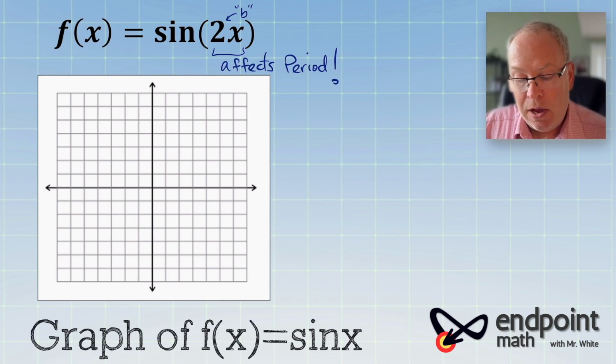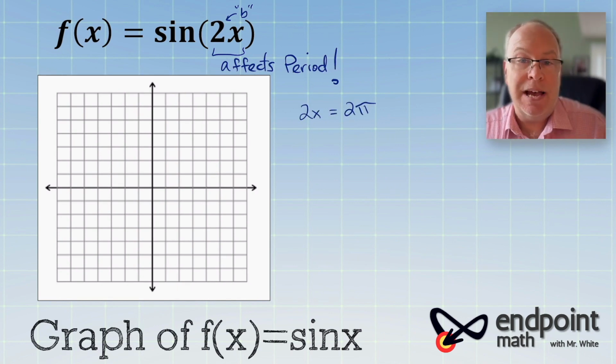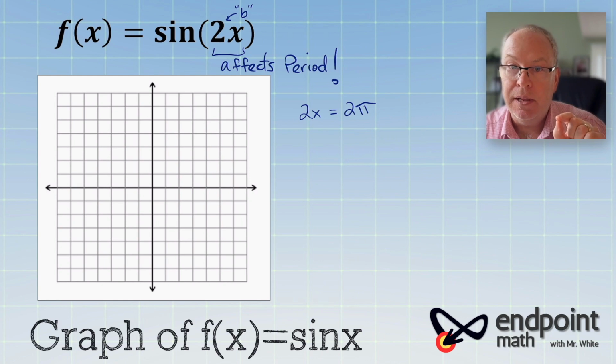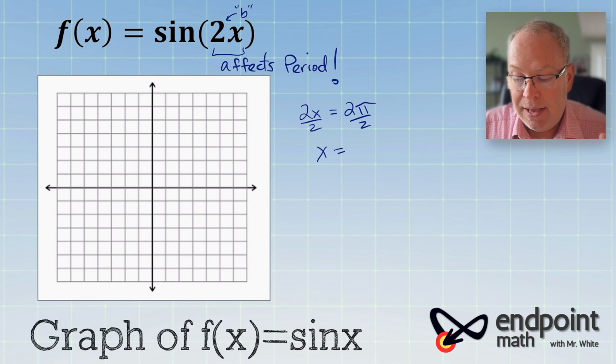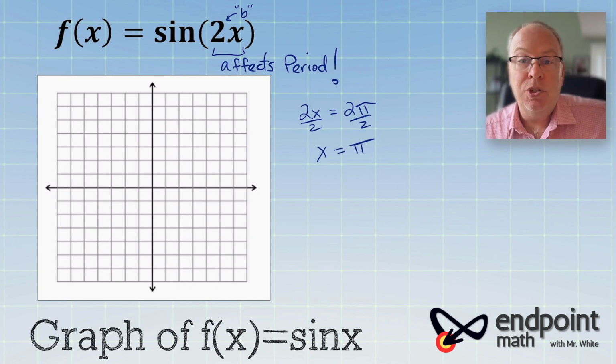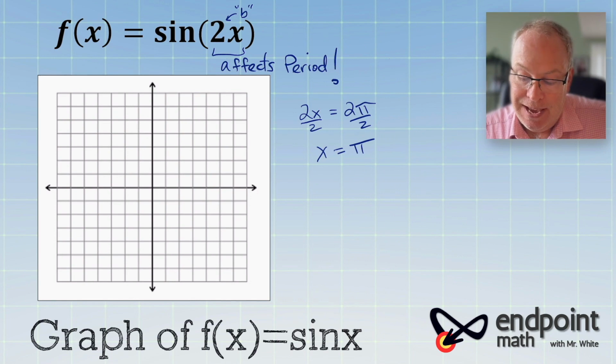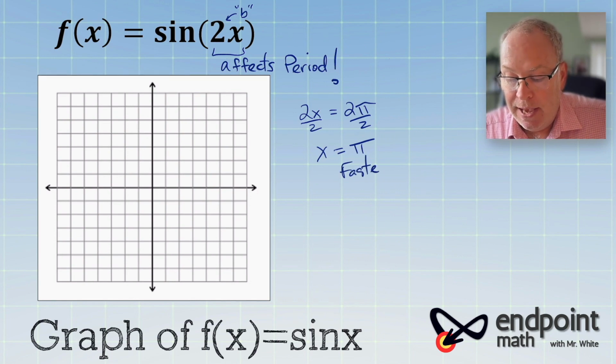And the way I always told my students is you take the 2x and you set it equal to 2 pi because that's how long it takes a normal sine curve to finish its thing, is 2 pi, right, as far as time goes. Well, this graph is going to, listen carefully, this graph is going to be 2 times faster. Because if we divide by 2, we get x equals pi. It's twice as fast. It's faster. That's how I like to think about this.